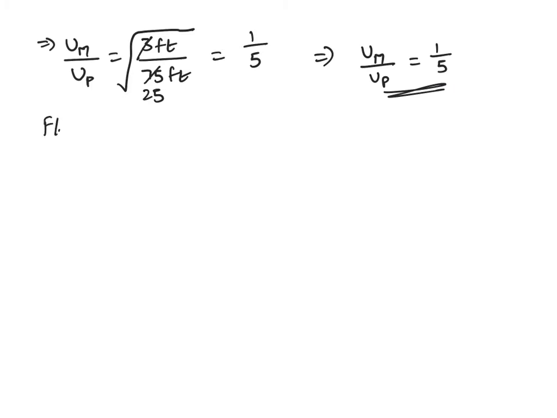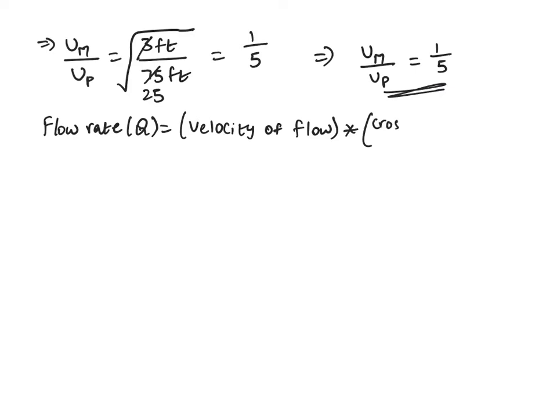So flow rate Q is equal to velocity of flow multiplied by cross section area, which implies the flow rate of model, QM, would be velocity of the model multiplied by cross sectional area of the model.